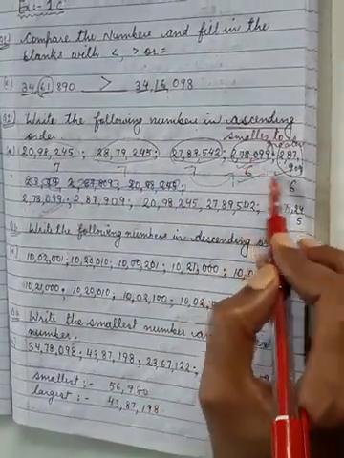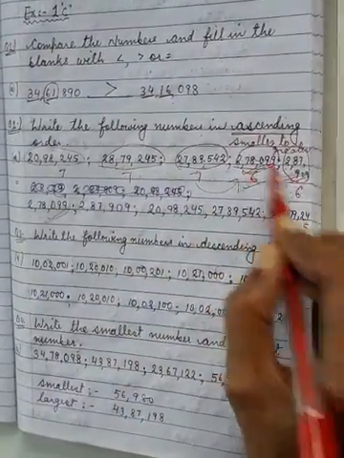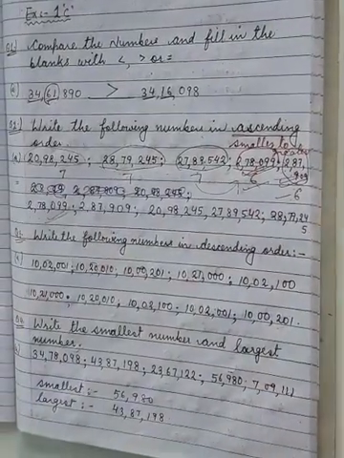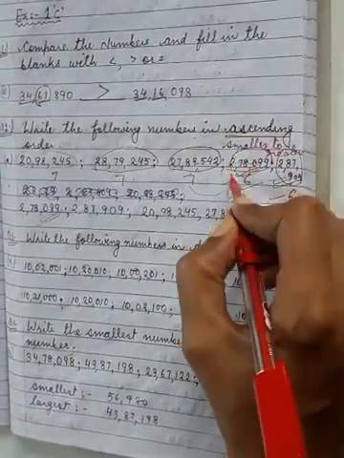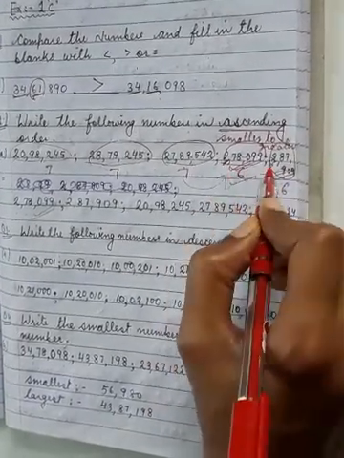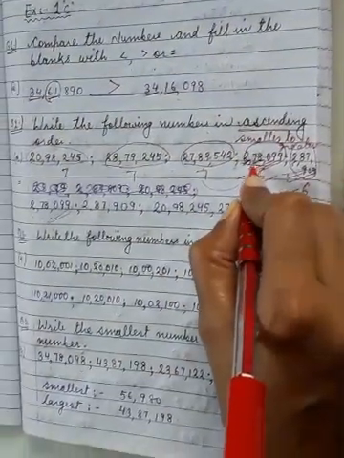So I am going to start. The trick is the same. The step is the same, that we first see the first number. Here is 2, here is also 2. So we cannot find which one is greater, which one is smaller. So we will move to the other number.